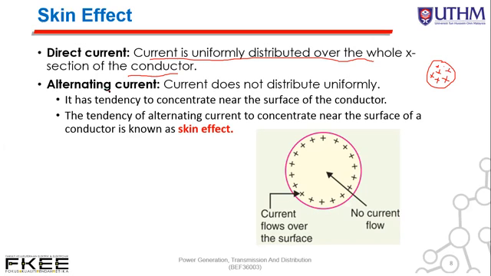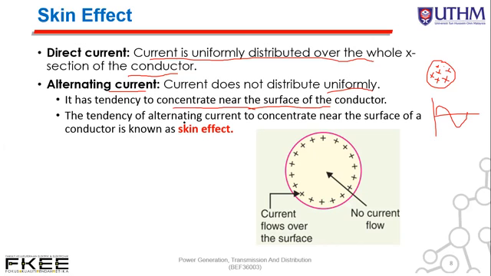But for the case of alternating current, AC, current does not distribute uniformly. Current distributes near the surface of the conductor. It has a tendency to concentrate near the surface because of the alternating characteristic of the current.